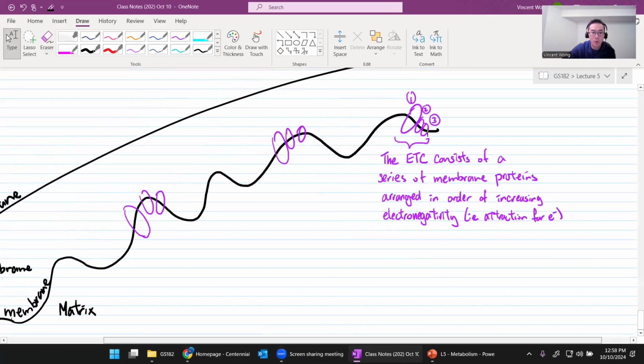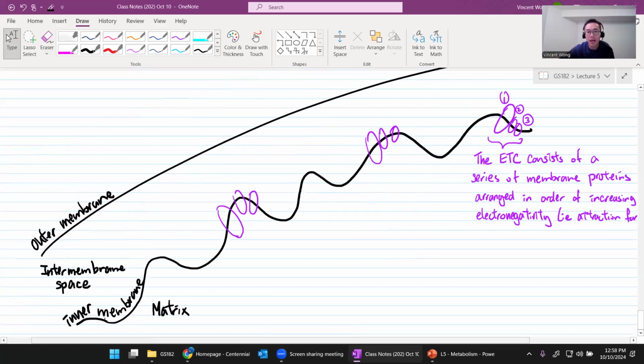So when they're arranged like this, the following will happen. If you give an electron to the first protein, then number two is going to take it because it likes electron more. And then number three is going to take it from number two. So as a result, the electron will flow down the ETC because of this arrangement.